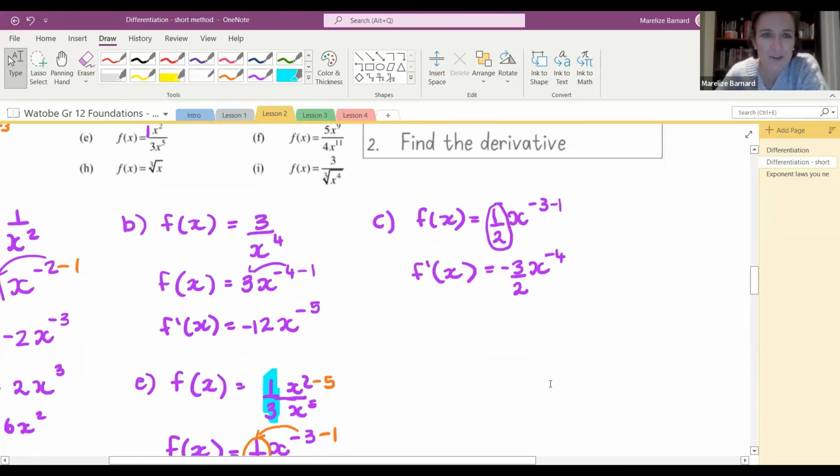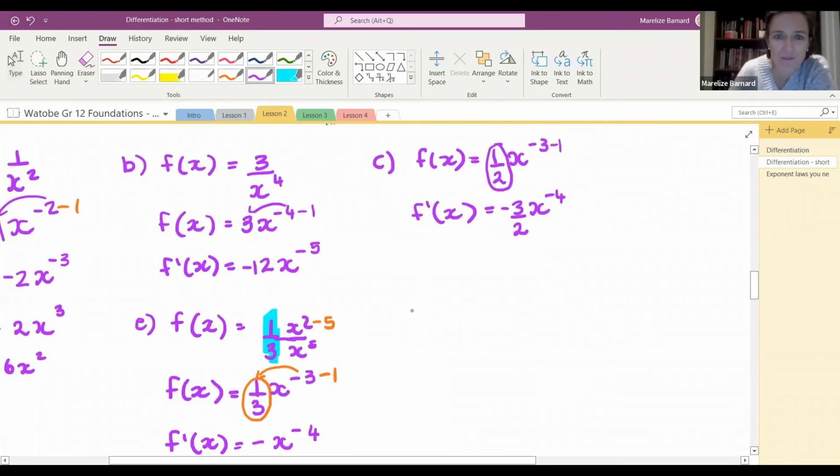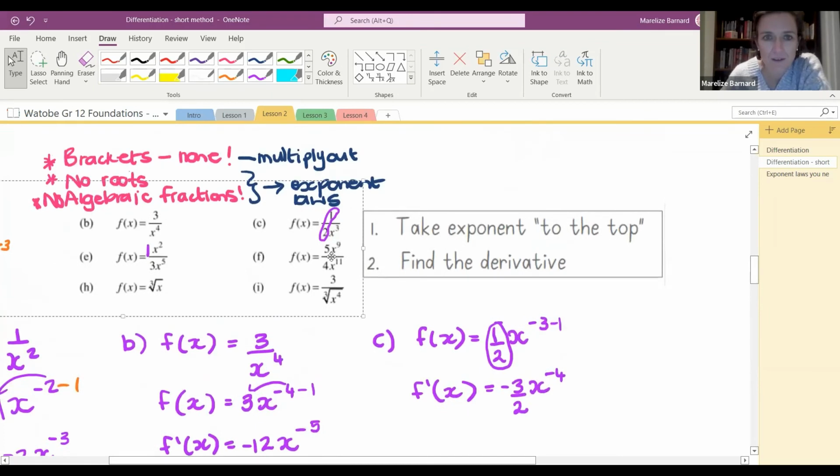So we're going to do one last one. Question F. Question F is over here. Let's see if you get caught out by the fraction again.